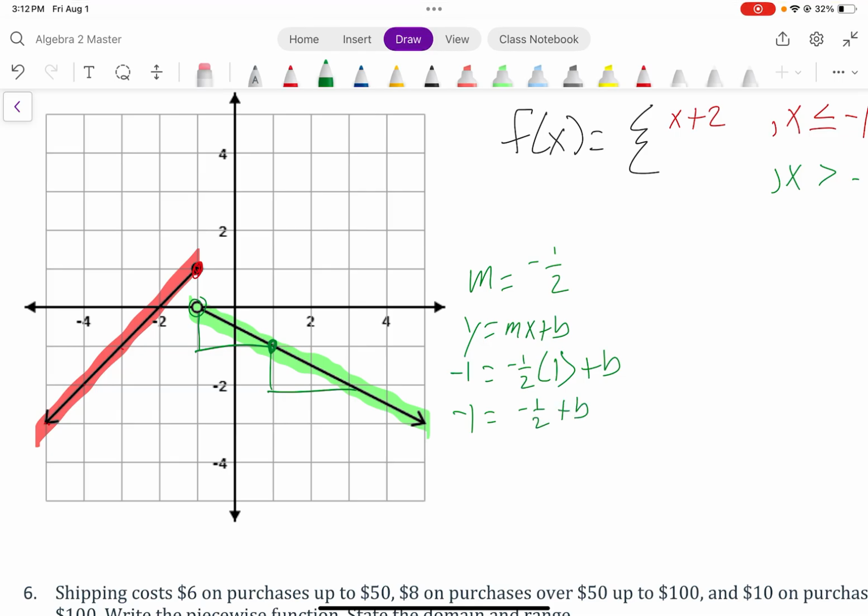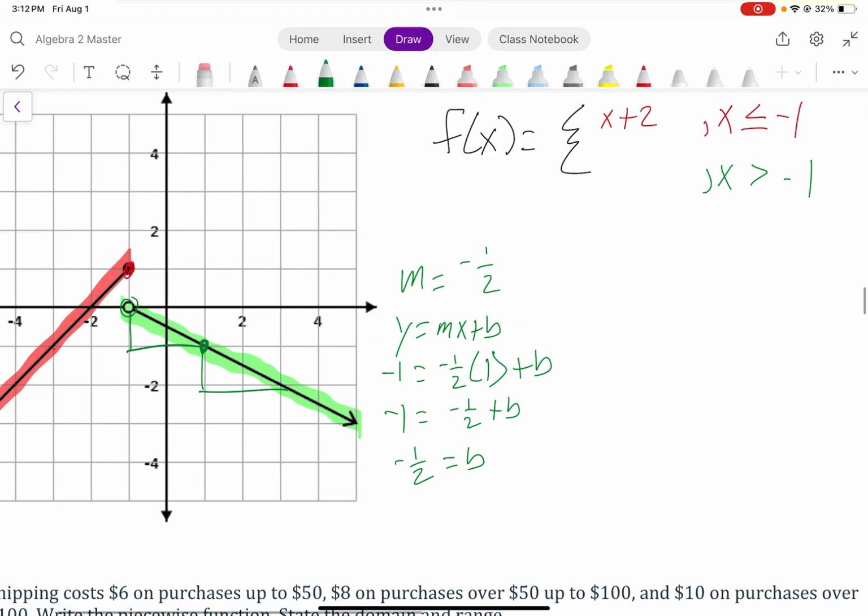Well, -1/2 times 1 is -1/2. When I add 1/2 to both sides, I'm going to get that -1/2 is equal to b. So plugging that back into here, I'm going to get -1/2 x minus 1/2.